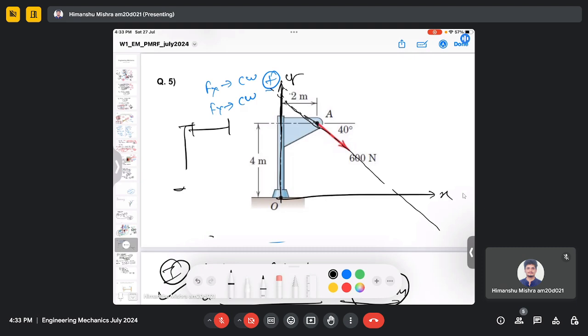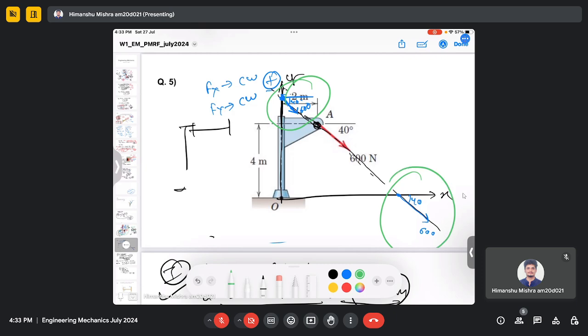You can slide this force along the line of action, 600 Newton at an angle 40, or slide it here, 600 Newton at 40 degrees to the horizontal axis. So you can slide the force here or here.